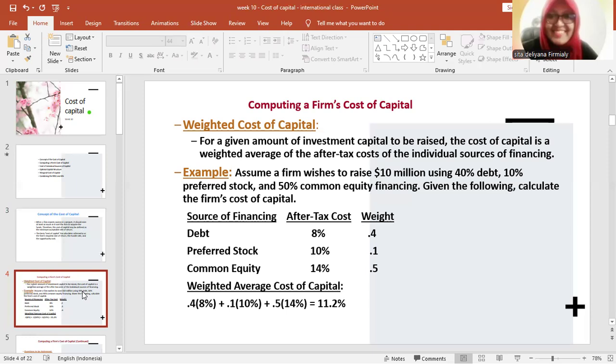Let's just say a firm has external sources of funding that are 100% financed by debt. That means the firm's cost of capital only covers the cost of debt 100%. It doesn't have any cost of equity, any cost of retained earnings, or any cost of preferred stock. It only consists of a 100% cost of debt.